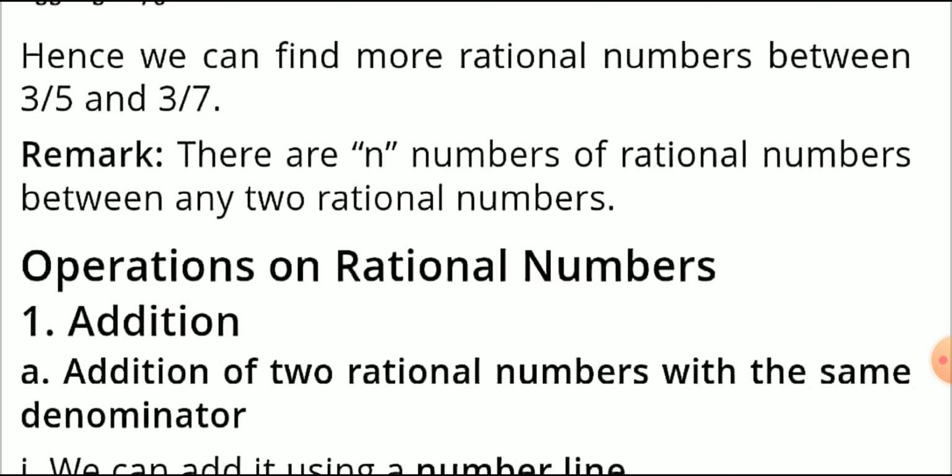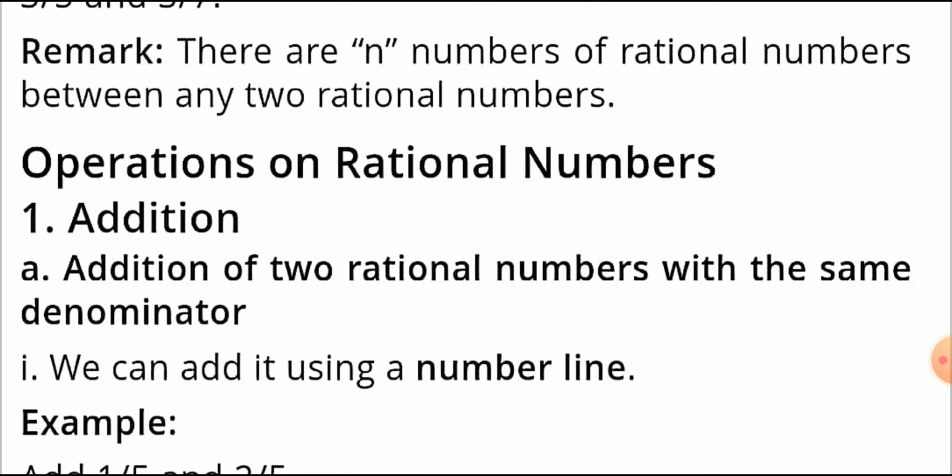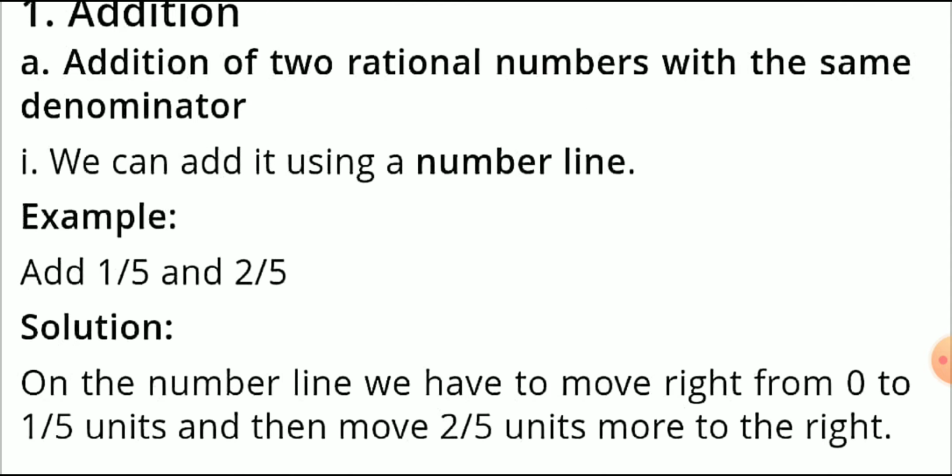Operations on rational numbers. First, addition. Like in all types of numbers, here also we will do addition, subtraction, multiplication and division. Addition of rational numbers is the same as with fractions.